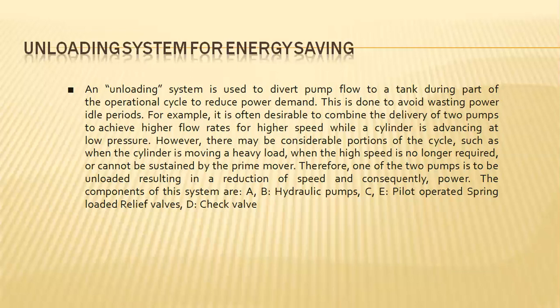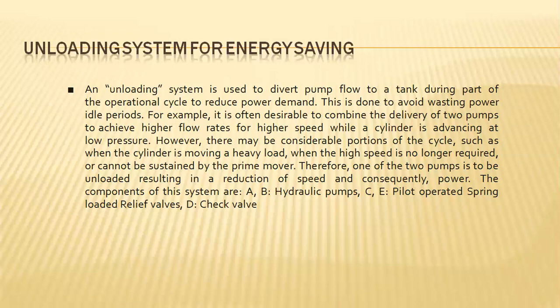Here we will have a detailed look. For example, it is often desirable to combine the delivery of two pumps to achieve higher flow rates for high speed, with the cylinder advancing at low pressure. However, there may be considerable portions of the cycle, such as where heavy loads and heavy speeds are no longer required and cannot be sustained by the prime mover.